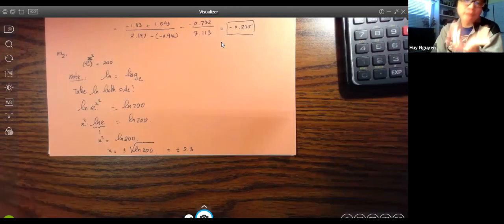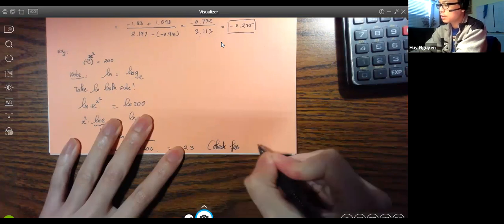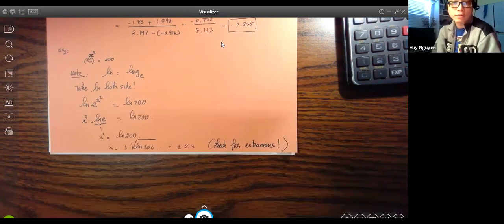Then you have to see which one satisfies the equation, so you plug them back to check for extraneous solutions. I'm not checking for you. You go ahead and check it for yourself. Plug 2.3 in here and negative 2.3 over here, and see which one satisfies the original equation. If it satisfies the original equation, then that is your final answer. If it does not, then that is an extraneous solution. You don't count it. You throw it away.